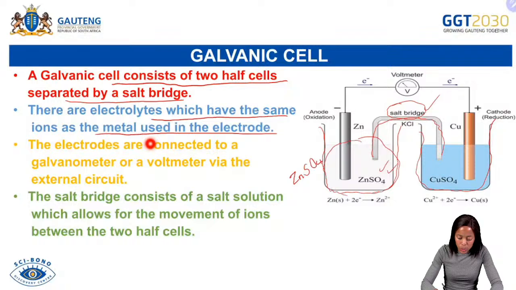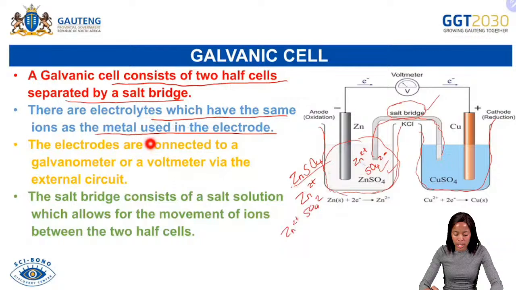This ZnSO4 is going to break down in solution to give us Zn2+ and SO4 2 minus. It says ZnSO4 is your electrolyte, which has the same ion that is used in the electrode.